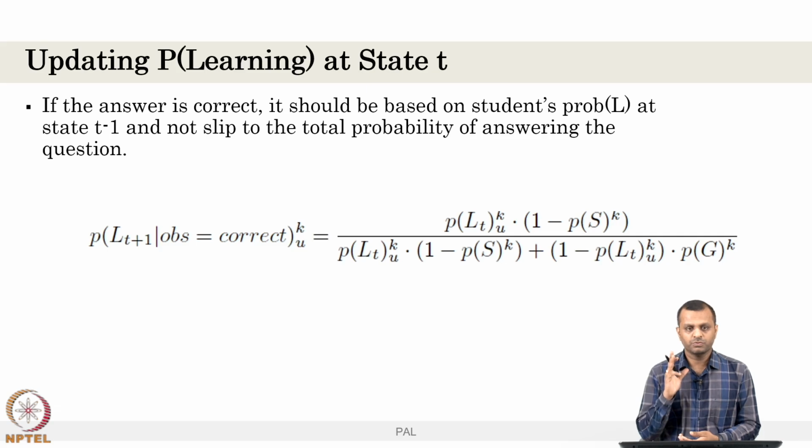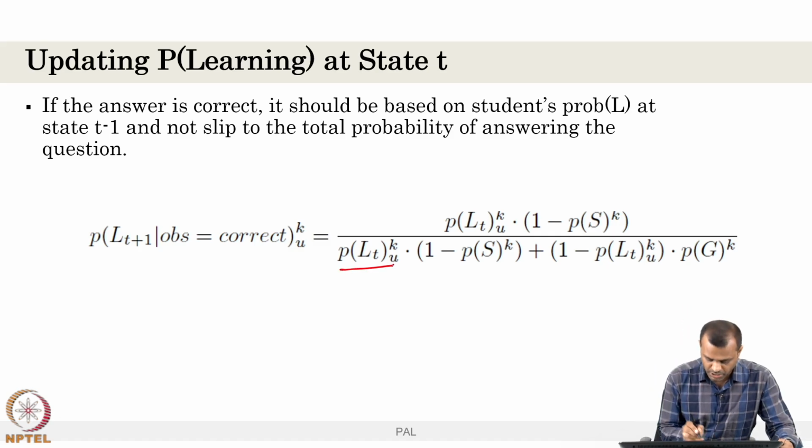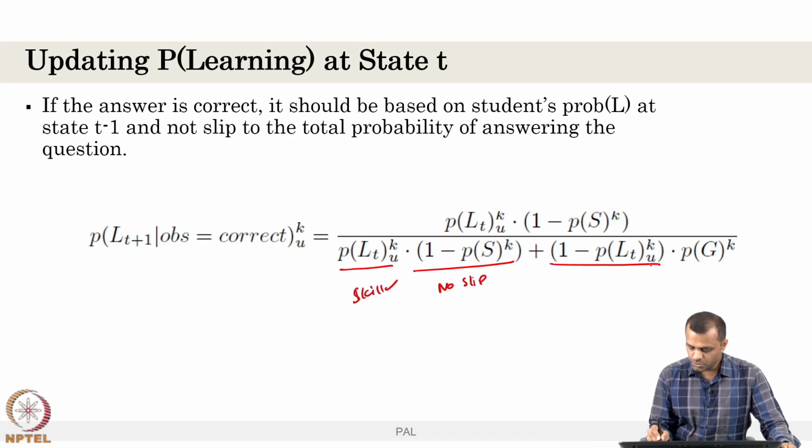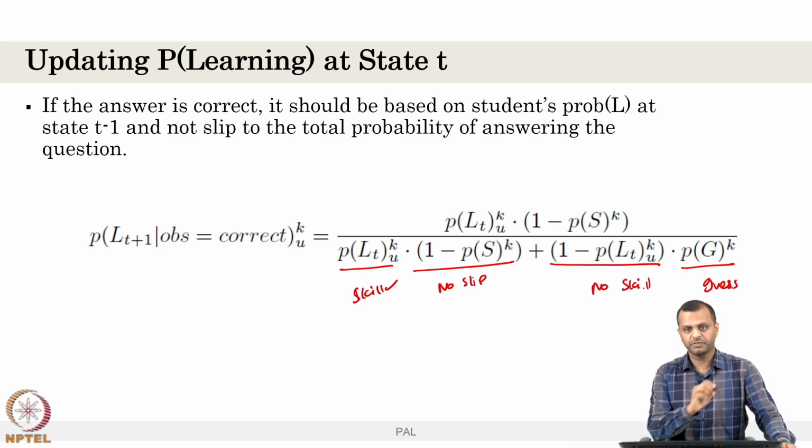There are two ways a student can give the right response. One is that the student knows the skill and does not slip. The other is no skill and guessing, which we saw previously.